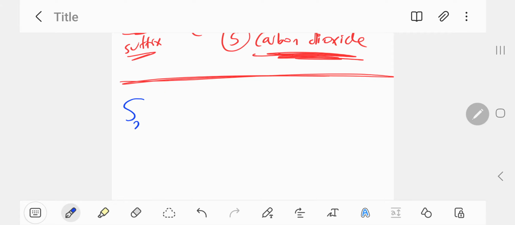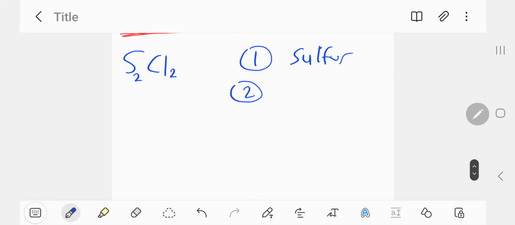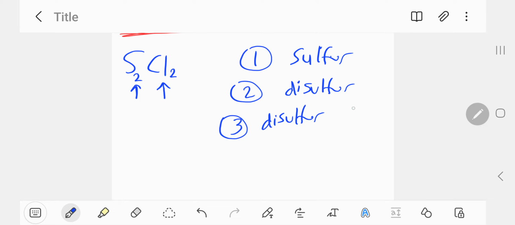Let's do this, S2Cl2. Step 1, write down the name of the first non-metal element that appears on the left, which is S, and that's sulfur. Step 2, write down the prefix that goes with sulfur, in this case 2, which is di, so disulfur. Step 3, write down the name of the second non-metal element, which is chlorine, so the disulfur stays. Chlorine.